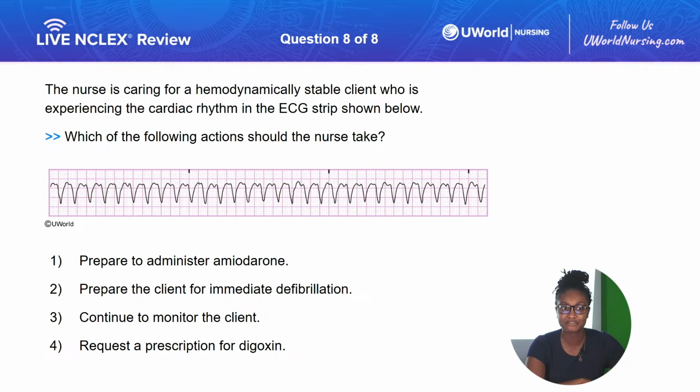Or option 4, request a prescription for digoxin? So, figure out what the rhythm is, but also read this question very carefully. This one gives you a little bit of a hint of which way to go. Also, let me know how many questions out of 8 you got today.